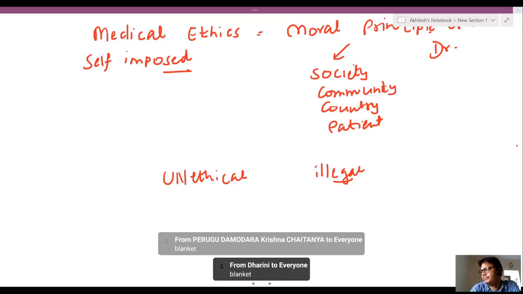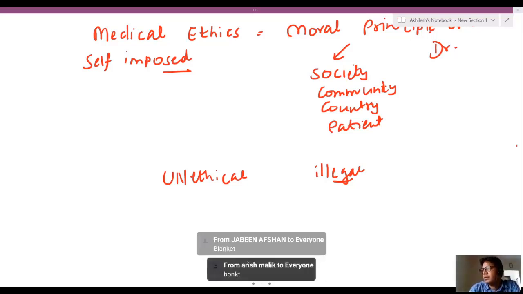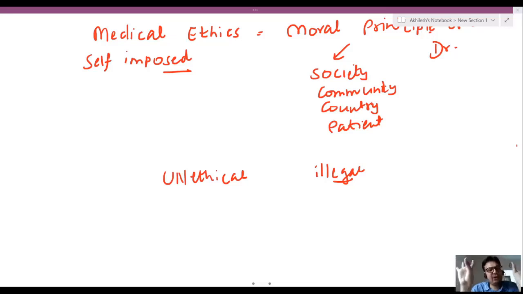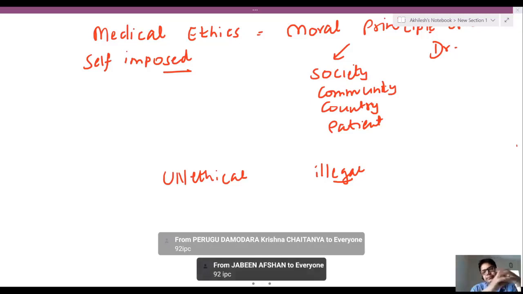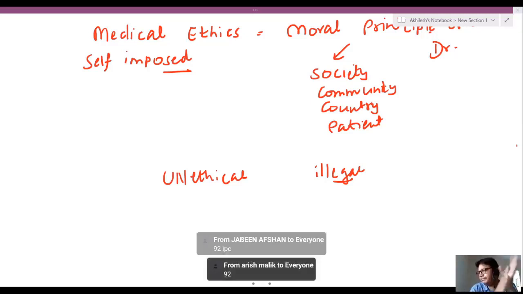Blanket consent. Doctor, a road traffic accident took place and the patient was taken to the hospital. The doctor started the treatment without taking consent. This is a protection for a doctor under which IPC section? 92 IPC.